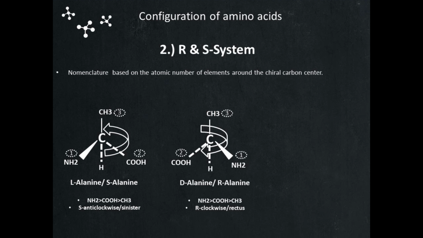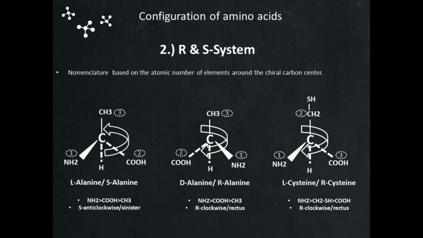Now, except for one amino acid, all the amino acids which are L form are always sinister, whereas the amino acid whose L form is not sinister is L-cysteine. L-cysteine exists as the R form because of the presence of sulfur in its side chain.